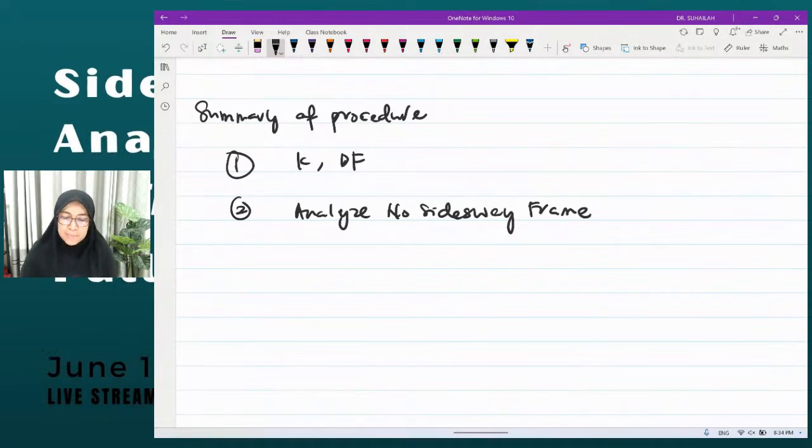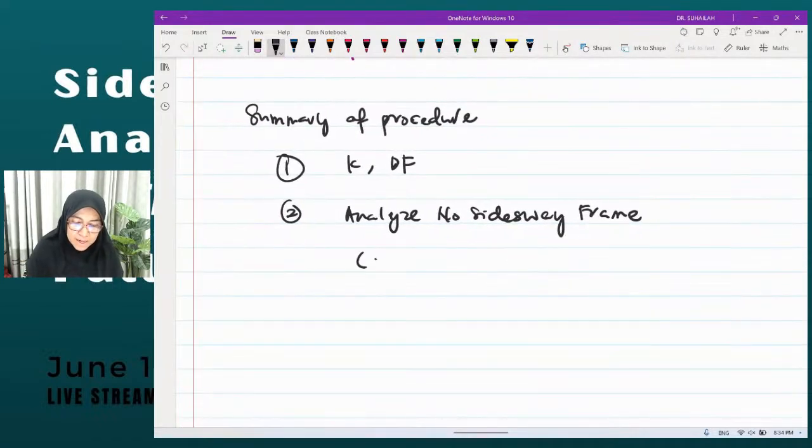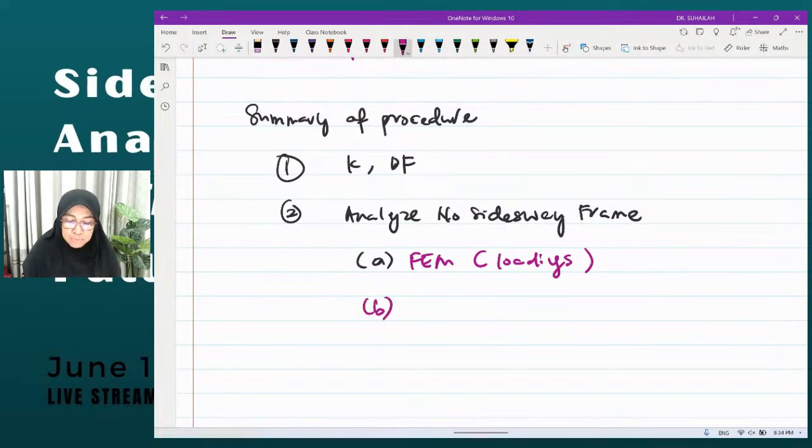Okay, no sidesway frame. Under this step, to analyze the no sidesway frame, number one, we have to calculate the FEM due to external loading. Number two, 2A, 2B, from the FEM we put into the table and we do moment distribution, repeating 5 or 6 times, and the output from the table is the end moment.